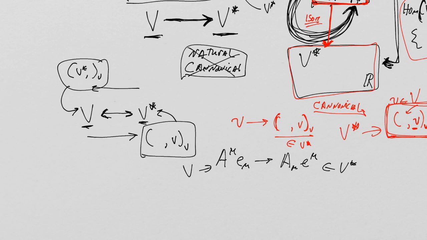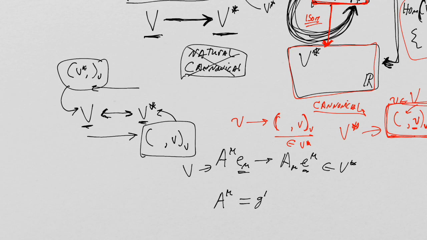And in the classical notation, where we skip these basis vectors, the duality is driven by the metric tensor. A^μ = g^{μν} A_ν, right? You raise and lower indices through the metric tensor. And the metric tensor is the tensor equivalent of this.